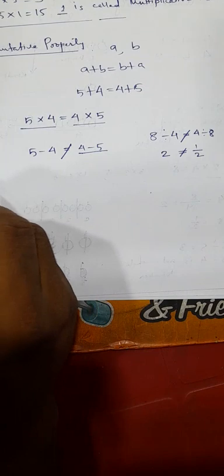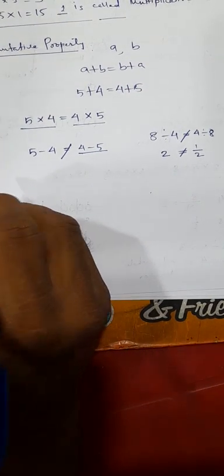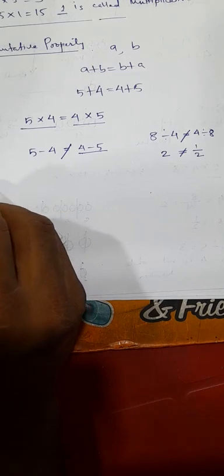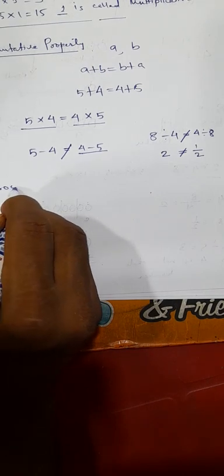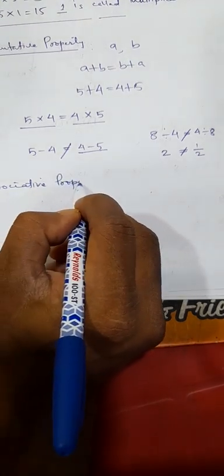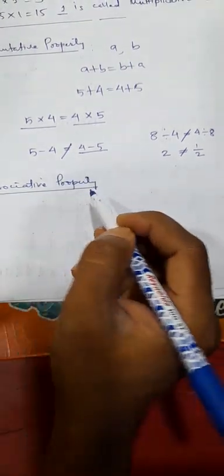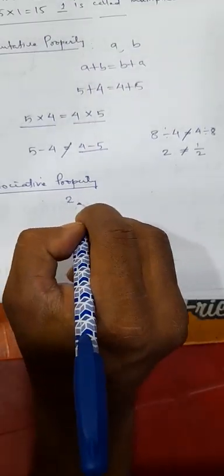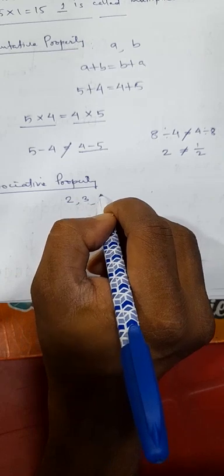Next property we'll discuss here is associative property. Say for example there are three whole numbers 2, 3 and 4.